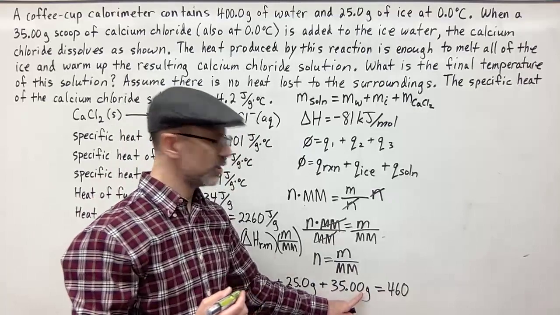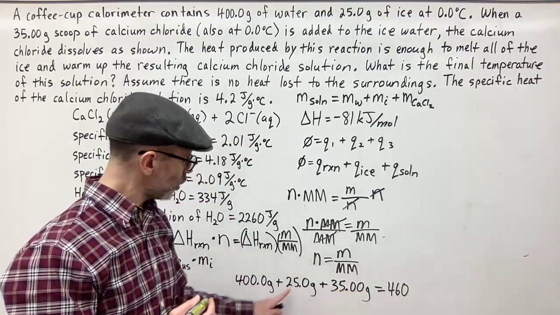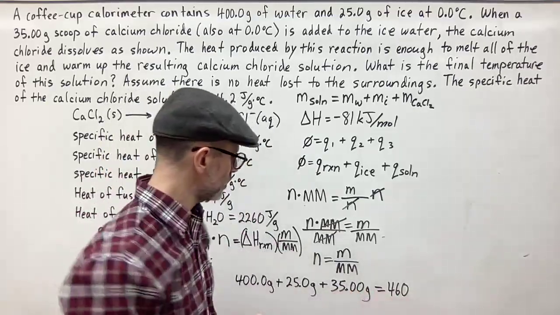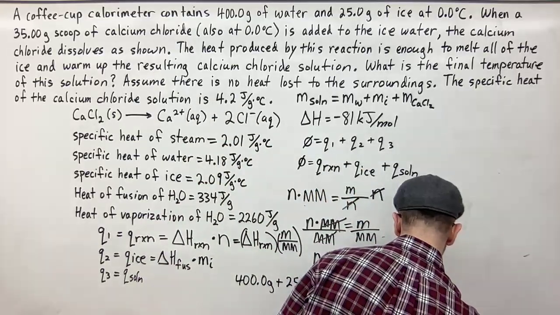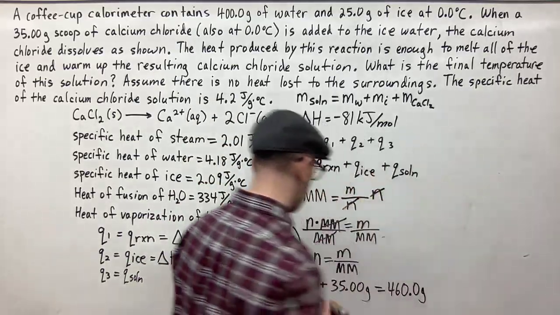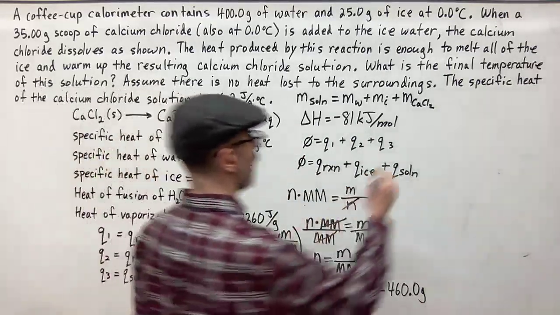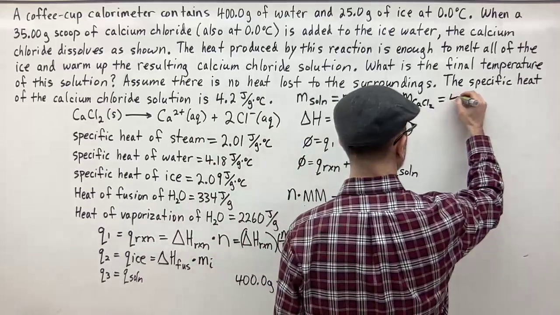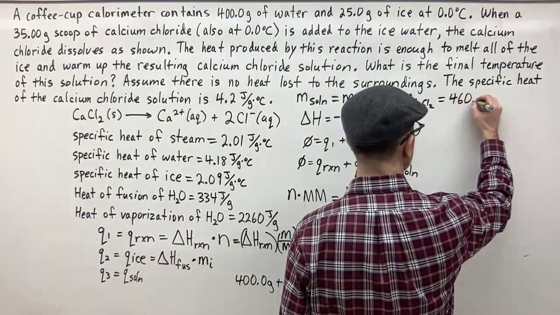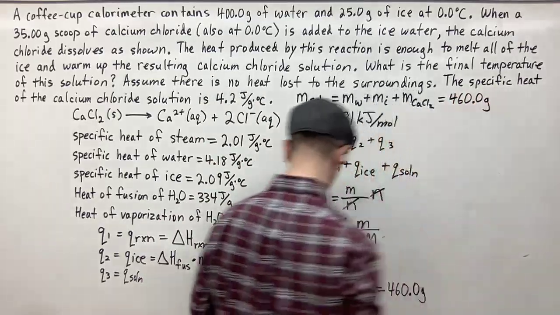The last digit here is in the hundredths place. So that means the last digit for my answer should be in the tenths place. Okay, so that means that the total mass of your solution is 460.0 grams.